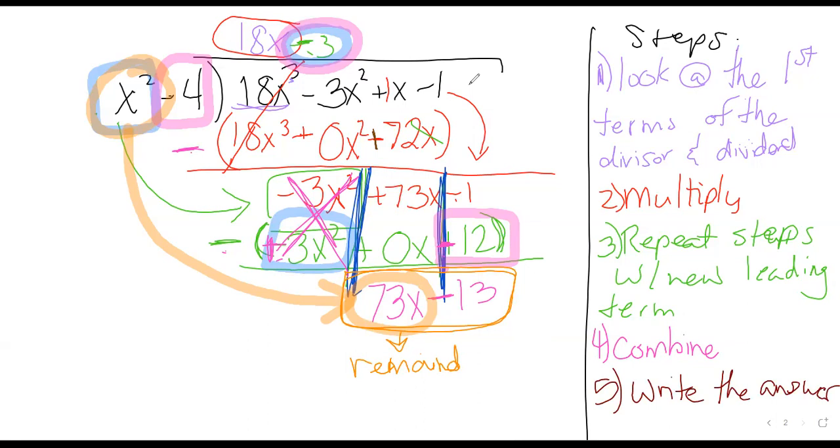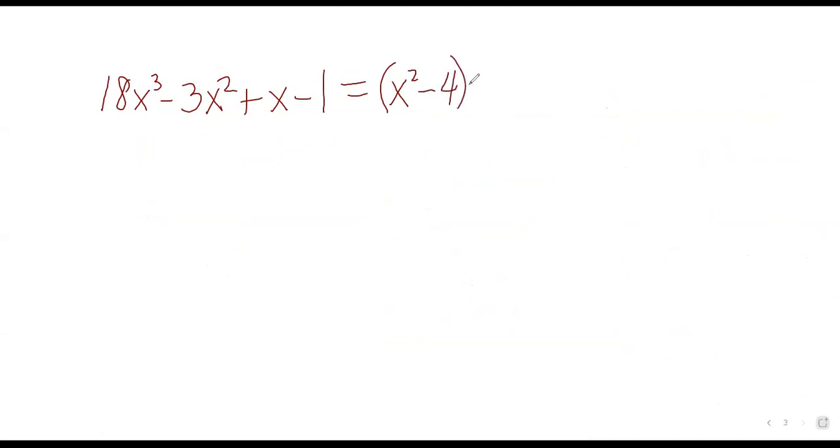So how I write the answer, remember, is I'm going to need a new page. I need to do the dividend, which was 18x cubed minus 3x squared plus x minus 1. So that's just what was inside the division house, equals the divisor, what was on the outside, which was x squared minus 4.